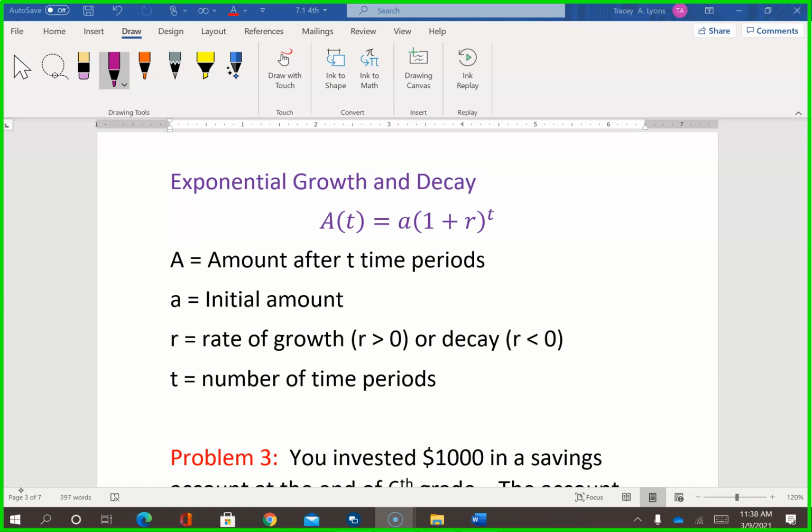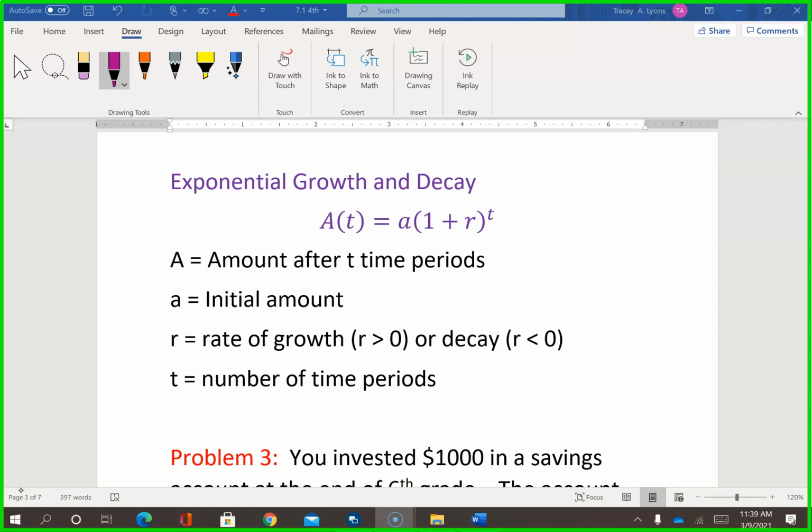A is the initial amount. So if you think about science, if you start an experiment at the beginning, how much did you start with? Was it 50 grams? Was it 100 liters? What was it? The rate of growth is that parenthesis part. So if it's growth, it'll be bigger than 0. If it's decay, it'll be less than 0. So when you put those numbers together, it will be a positive number if it's a growth.